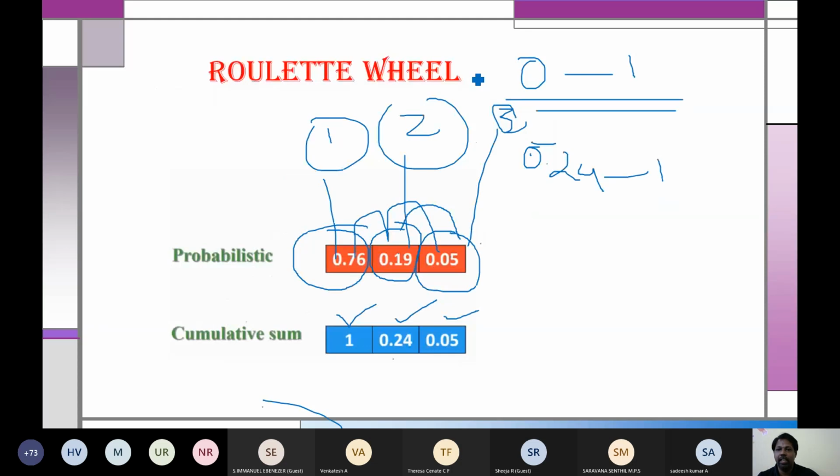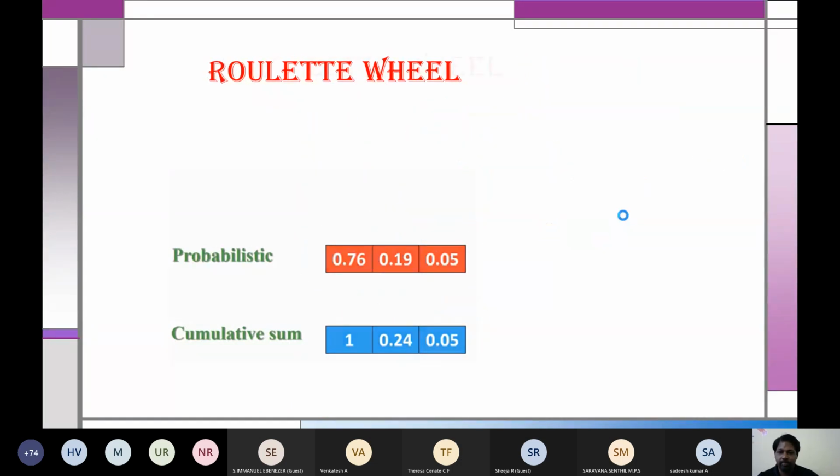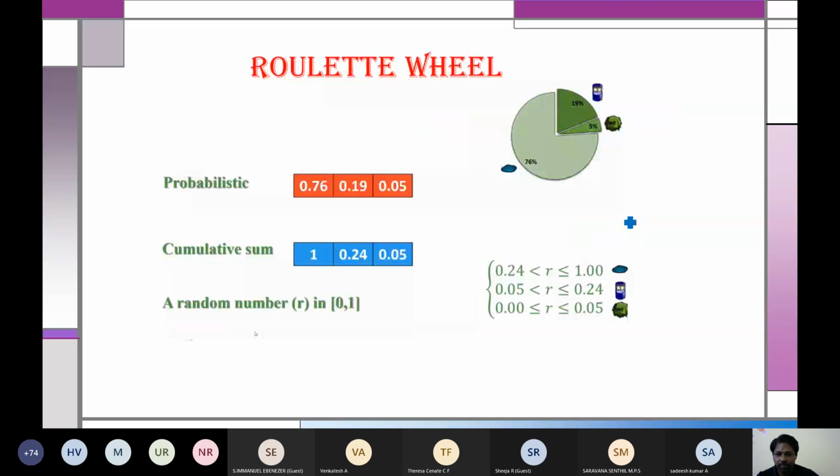We'll just generate a random number in MATLAB from 0 to 1. If the random number generated is from 0.24 to 1, take the first path. If it is from 0.05 to 0.24, take the second path, and then the third path.